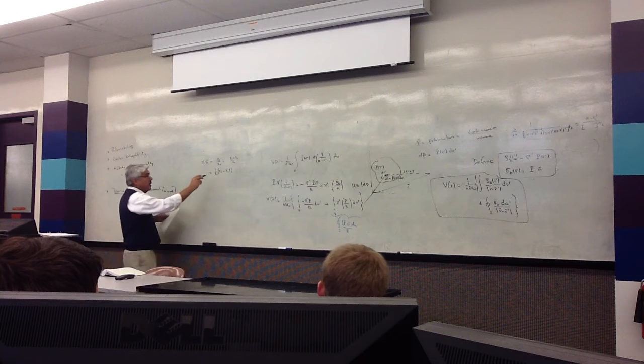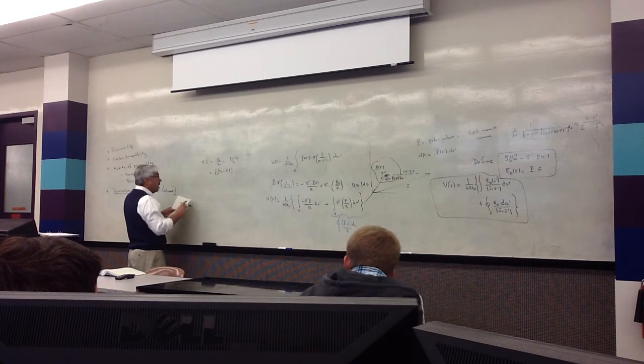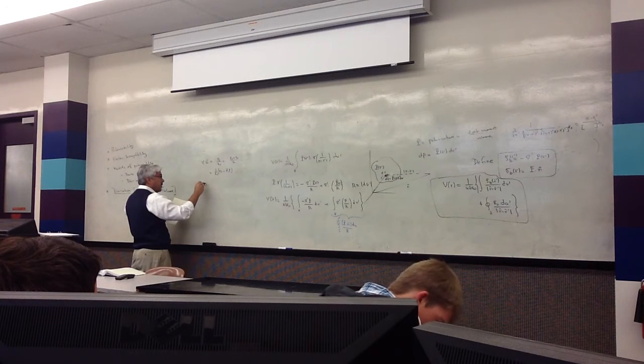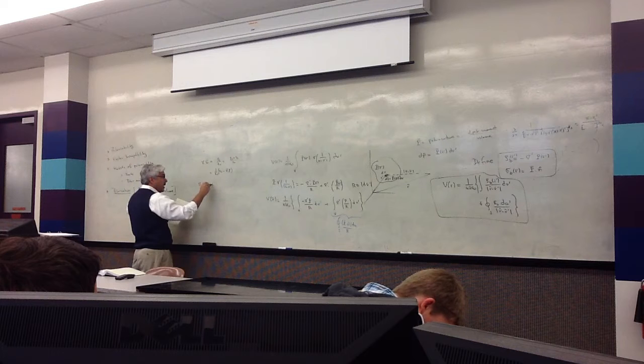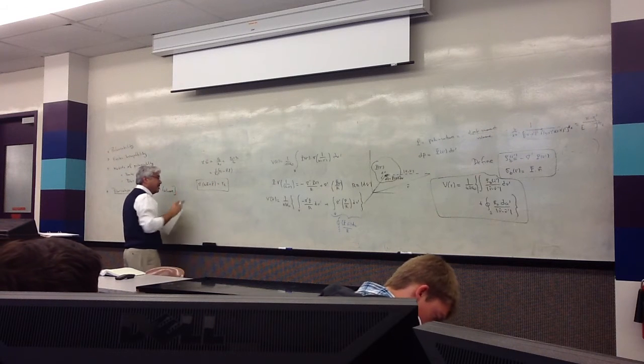So let's multiply this by epsilon 0, and then get the following. I get that del dot, since epsilon 0 is a constant, times epsilon 0 E plus P should be equal to rho free. This is exact.